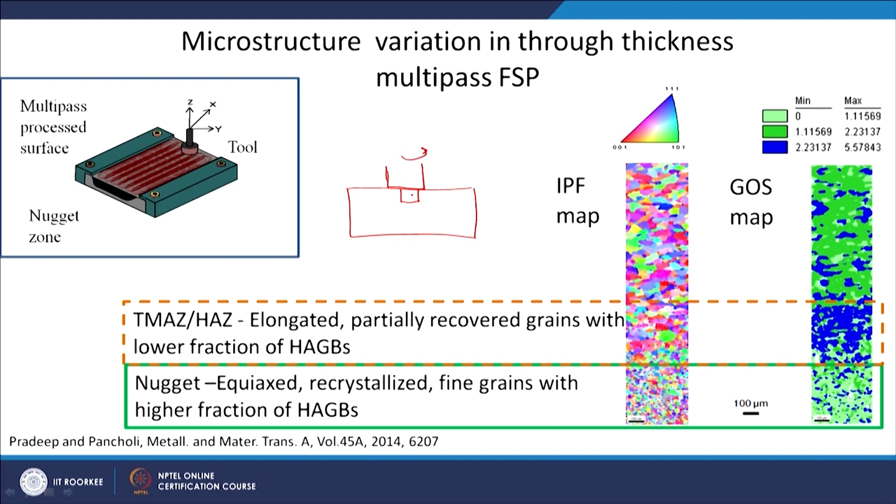If I see the microstructure of this, maybe the microstructure will show some basin like this. So, only this part of the microstructure will be affected. The rest of the microstructure in the thickness direction will not be affected that much. That is what is characterized here.